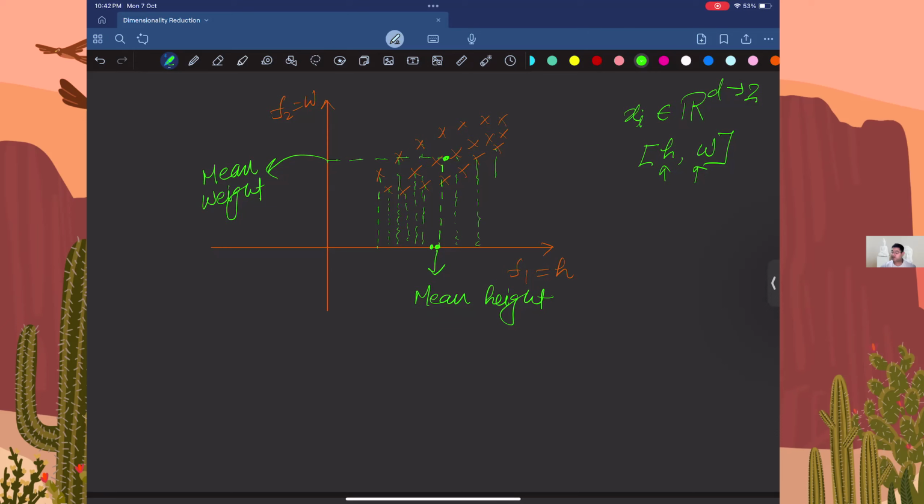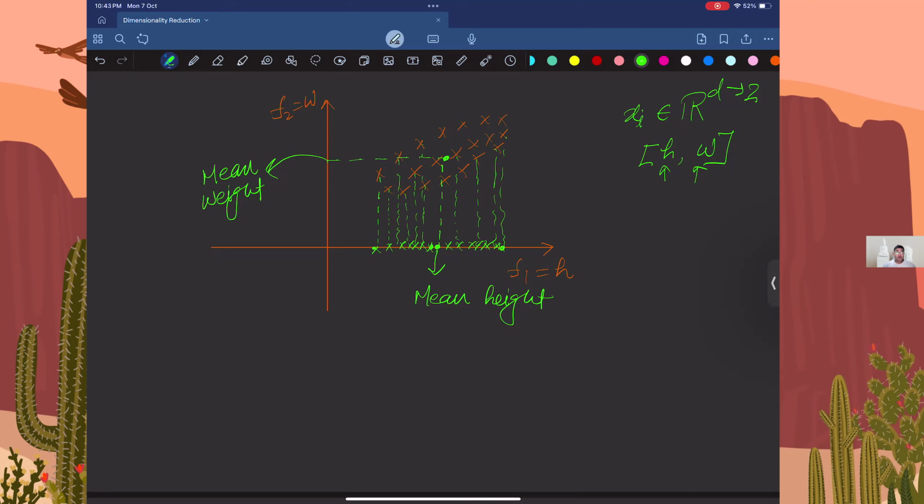This is just for your understanding. We have these points from here till here. If I project them on the x-axis, I will get a lot of points here.